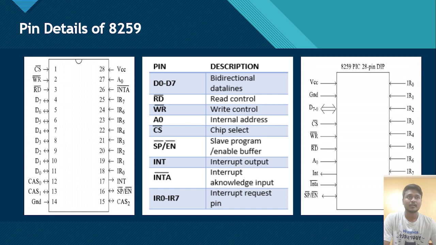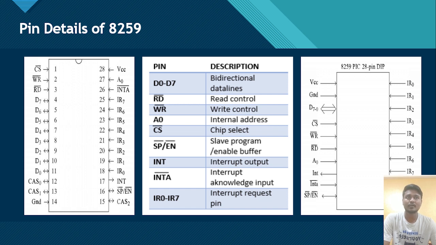The middle one shows the pins and their descriptions, which says D0 to D7 pins are bidirectional data lines, which is the same for the microprocessor as well. Now RD bar is read control, which is active low, same as microprocessor. WR bar, write control, again active low. A0 is the internal address. CS bar is chip select, which is again active low.